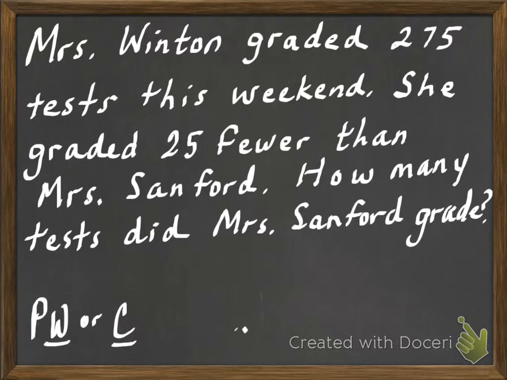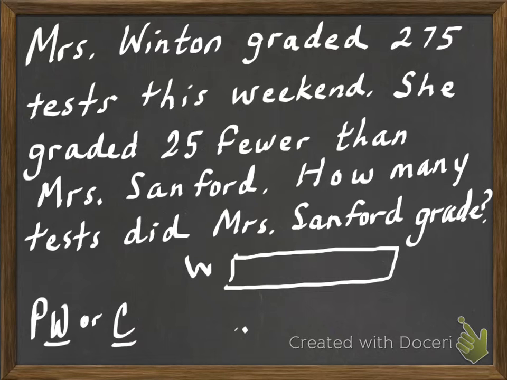You should have recognized that this is a comparison problem. Okay, Mrs. Winton graded papers and Mrs. Sanford graded papers. What we know is that Mrs. Winton graded 275 test papers.